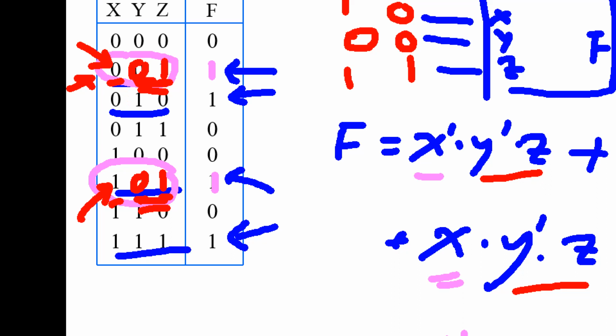But for x, in this term x is 0, and in this term x is 1. That means it does not depend on x. It depends on the values of y and z. Y and z must be 0, 1, and that will give logic 1 output.